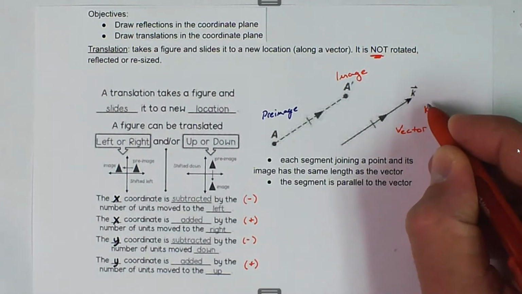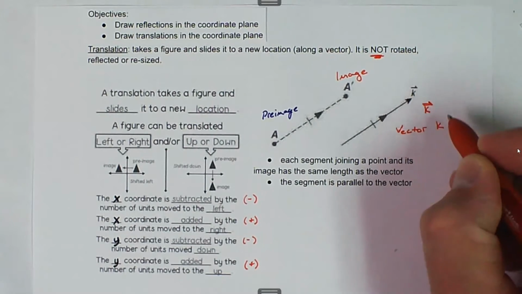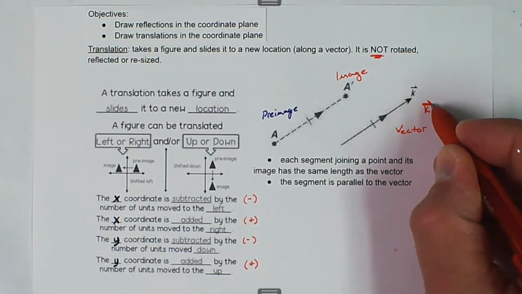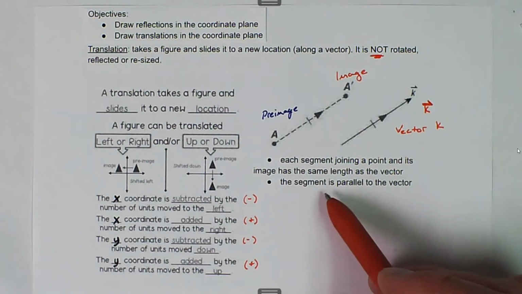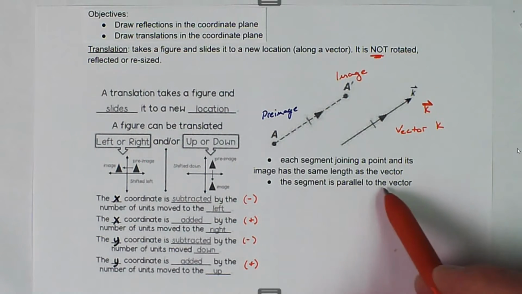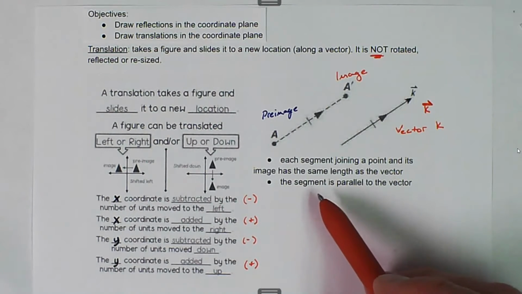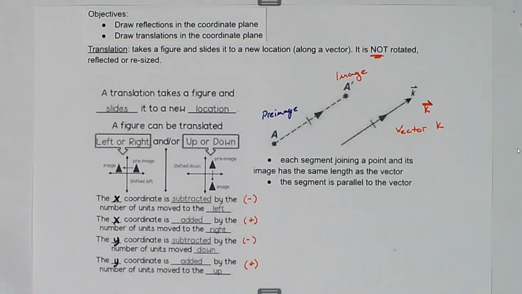This is called vector k, where it's a lowercase letter and it has a half arrow written above it. The segment is parallel to the vector. So the distance moved is parallel to the direction that the vector goes. And we'll take a look at that in a little bit.